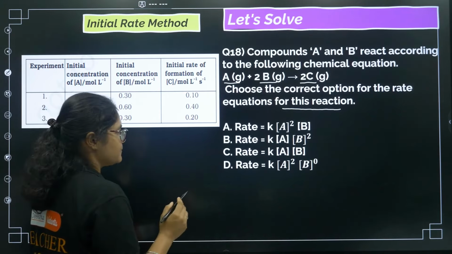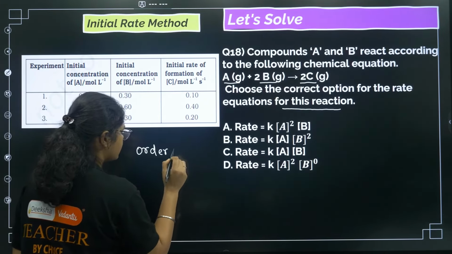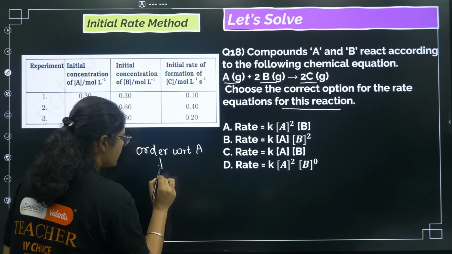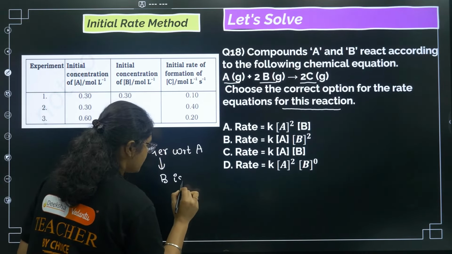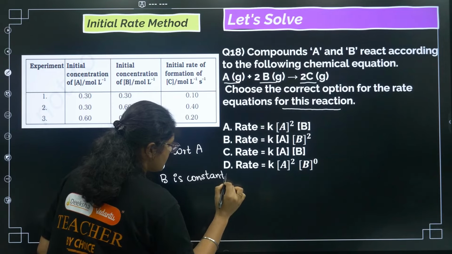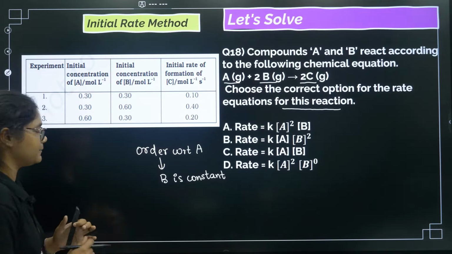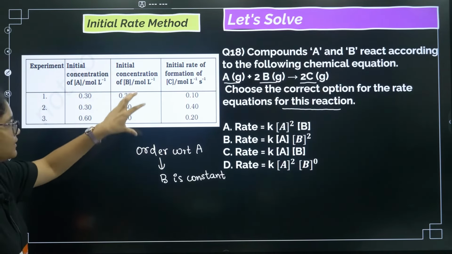Now for example, if I want to calculate the order with respect to A, then at that time I should consider those reactions where B is constant. Now you tell me, in this experimental data that is given to you, this is the A concentration, this is the B concentration.